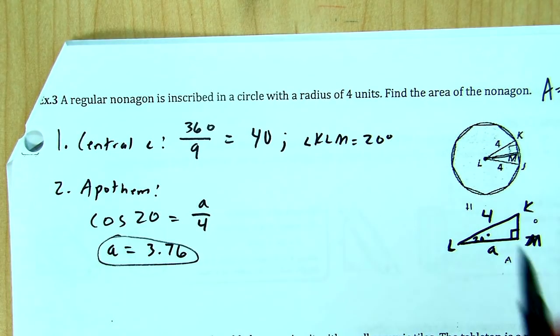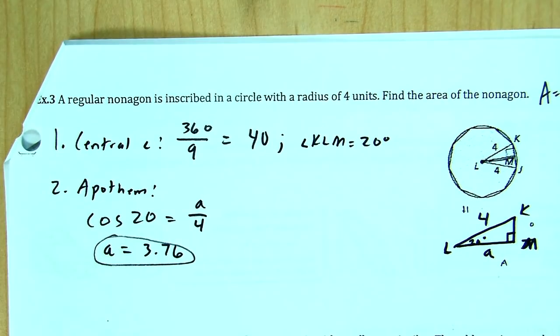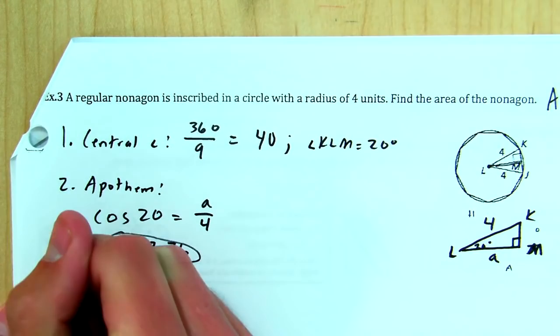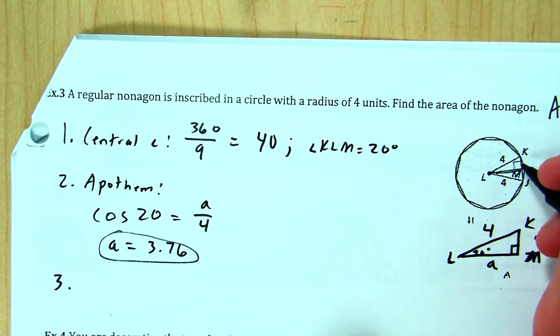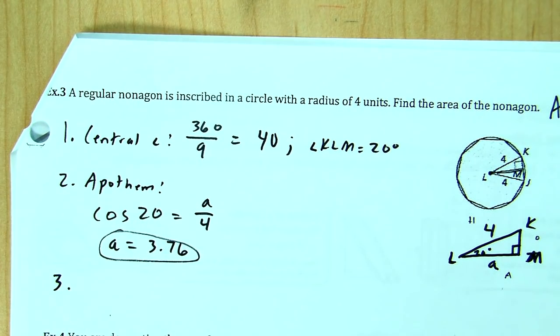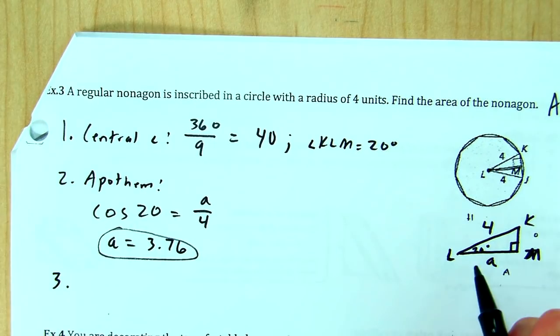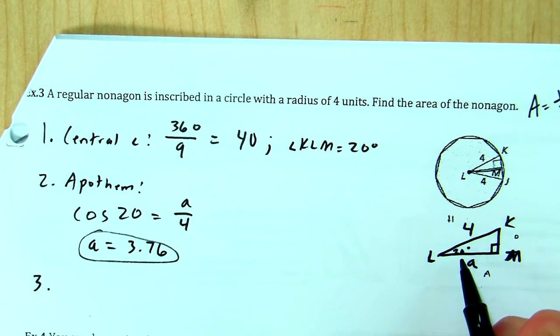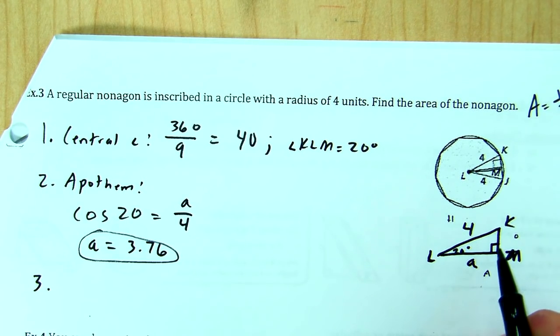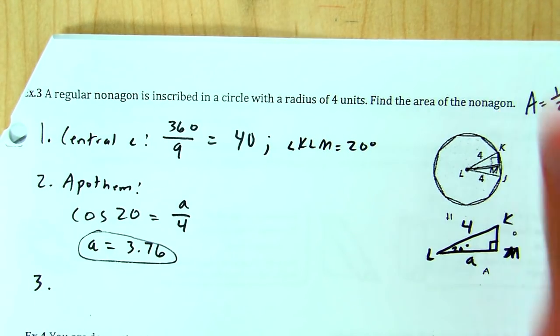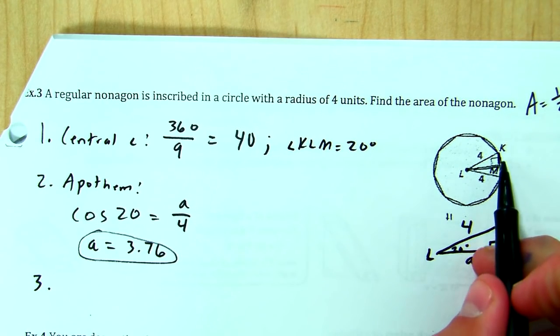So that's good. I got this distance, but actually I'm not quite done because I still need to find the perimeter of this thing. And so to find the perimeter, I need to know how long each of the sides in the nonagon is. Okay, so now I'm going to come back to this triangle, and now I'm not going to solve for the apothem. I'm actually going to solve for O. My opposite side is this piece right here, this smaller piece.